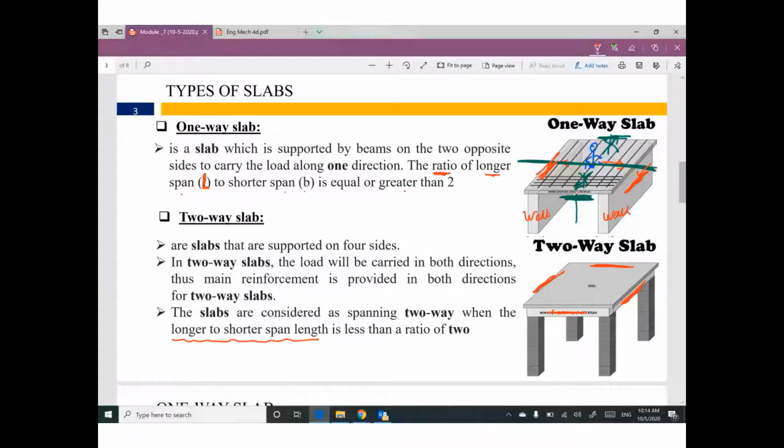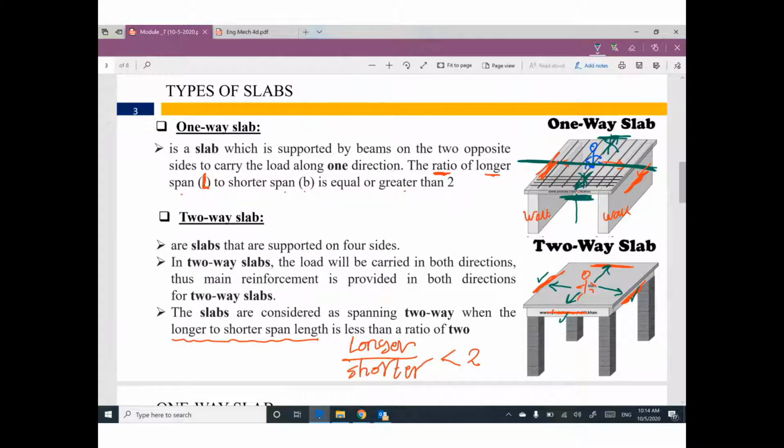So longer divided by shorter is smaller than 2. That means if you are standing here, your load will move in this direction to be supported by this beam, and this direction to be supported by this beam and this beam.